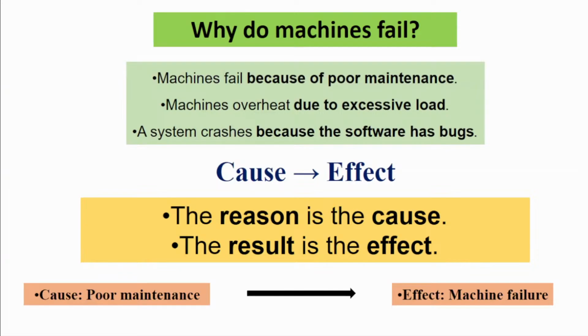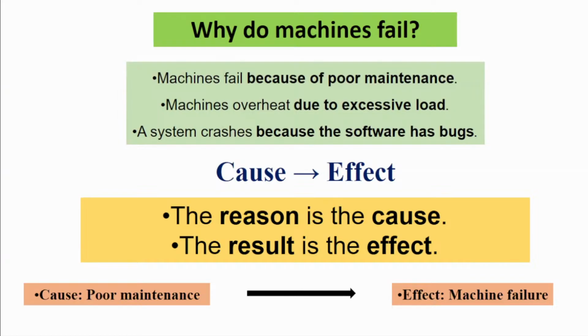So therefore, machines fail due to the excessive load when it overheats. Then a system crashes because the software has bugs, right? So a machine which has a system can crash because the software has bugs. So you can see there are three different answers for the question why machines fail: because of poor maintenance, due to excessive load, because the software has bugs.